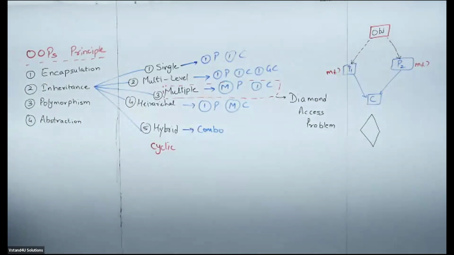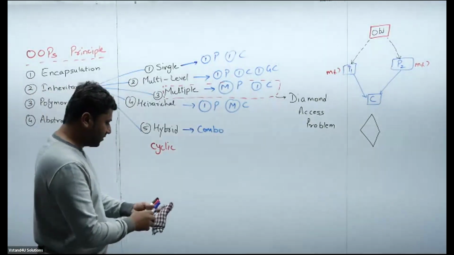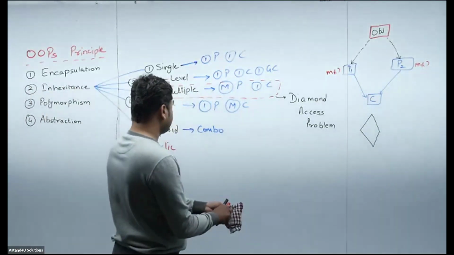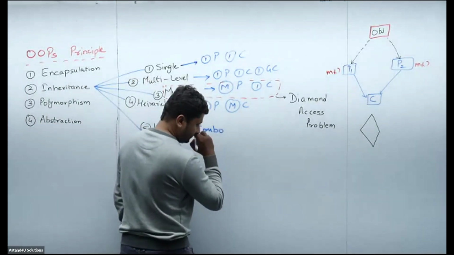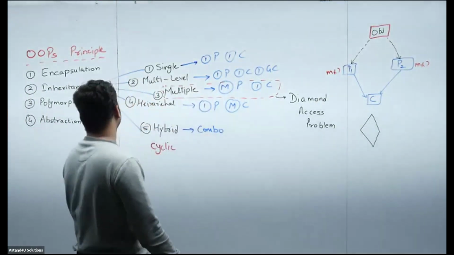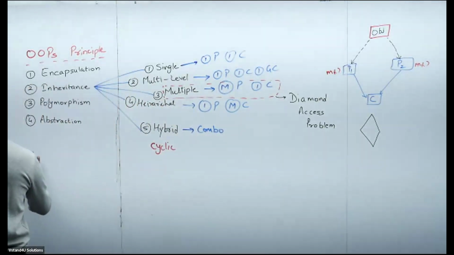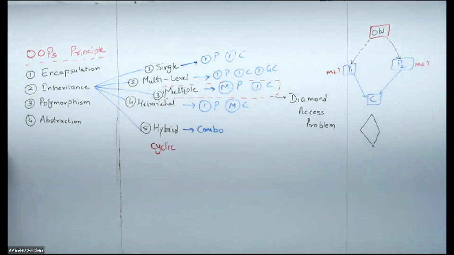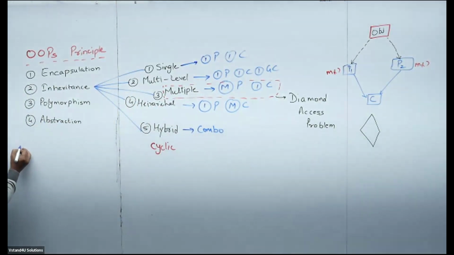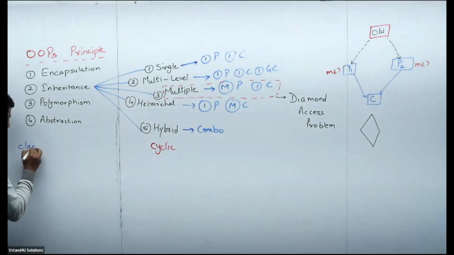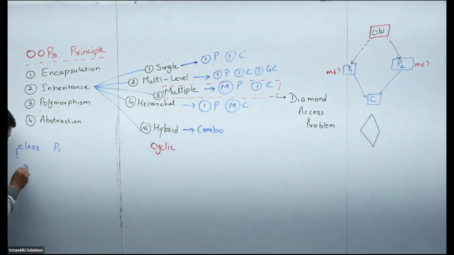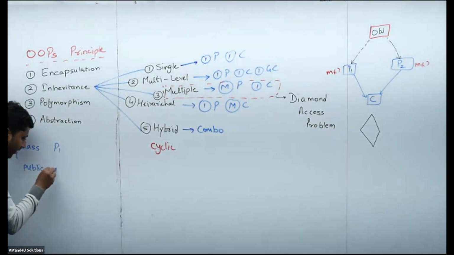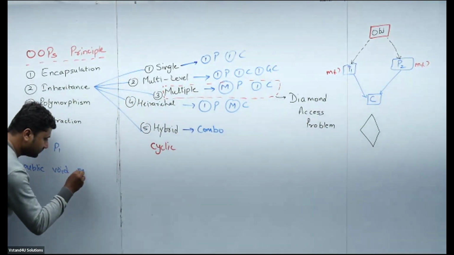Everybody? Okay, sir. For the time being, I'll create the classes. I'll start from here. Is it visible? The first class I wrote here: class P1. This class has a method, public void M1.